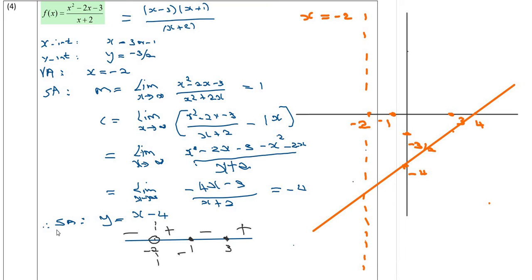Okay, so now we go to our number line and we see what is happening here. It tells us that when we are to the left of -2, we're always negative. Then there's an asymptote that we must bounce over, and then our graph must go through the -1 on the x-axis.